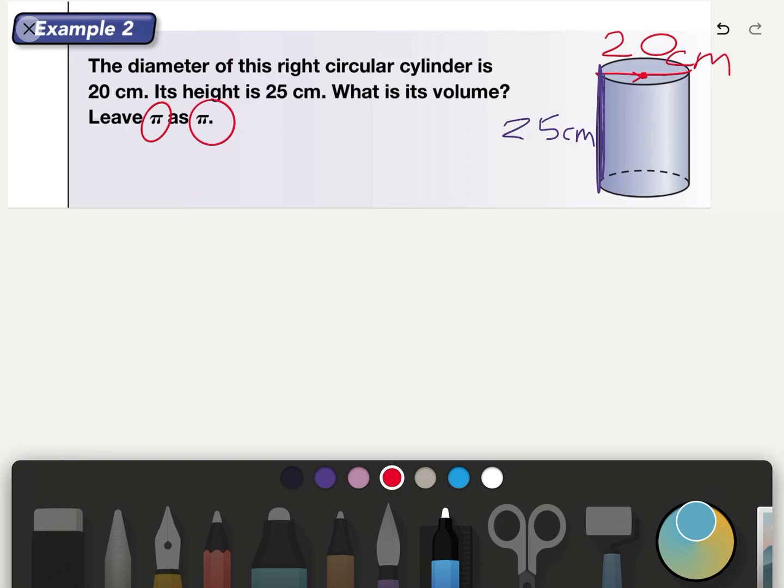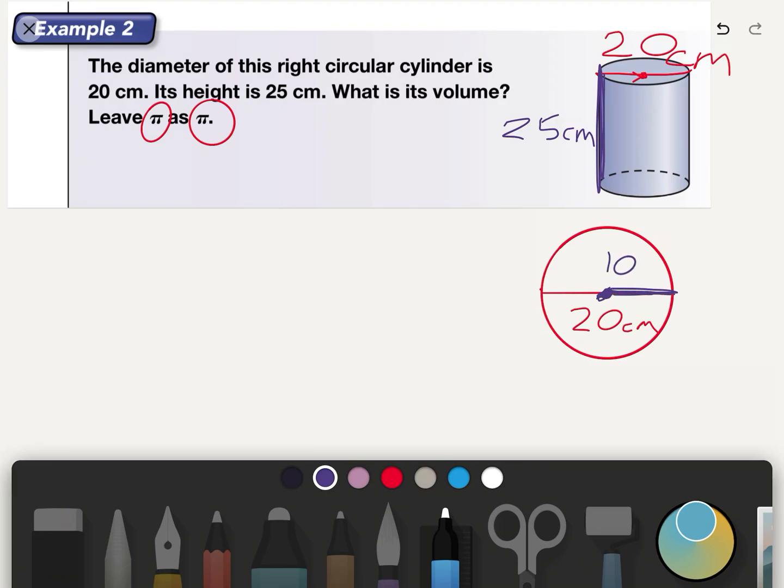So remember that in order to get our base here, while the diameter is 20 centimeters, we're not looking for the diameter, we're looking for the radius. It's 10 centimeters.